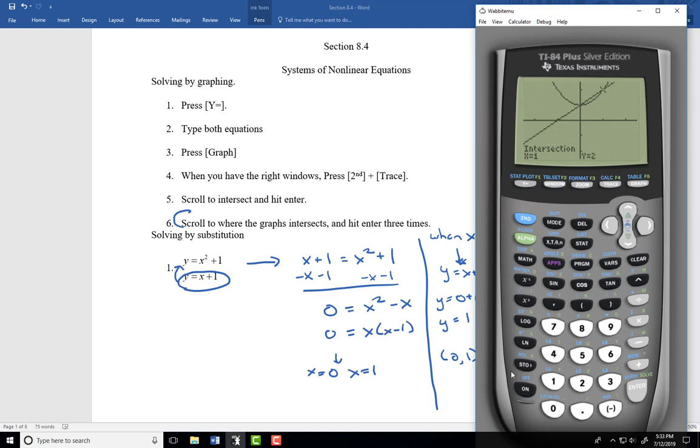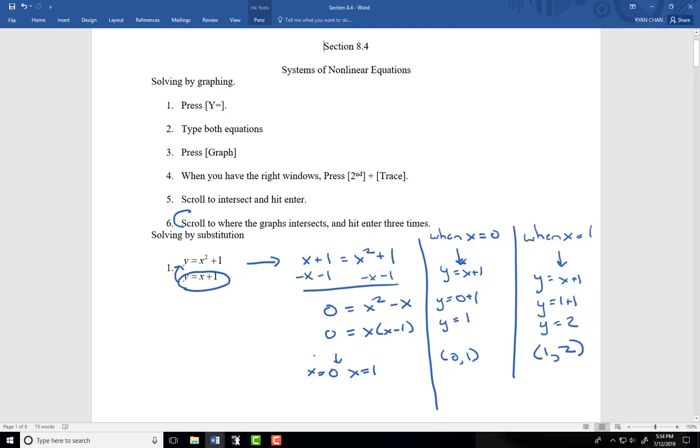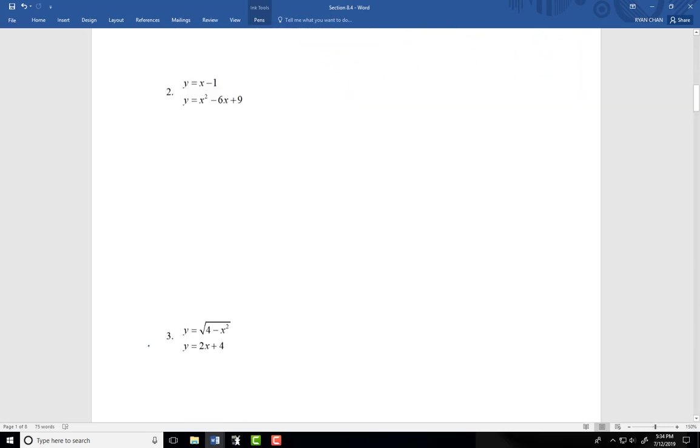Let's do another example for the following. Let's go to number 3. This one will also require substitution. I notice y is by itself.